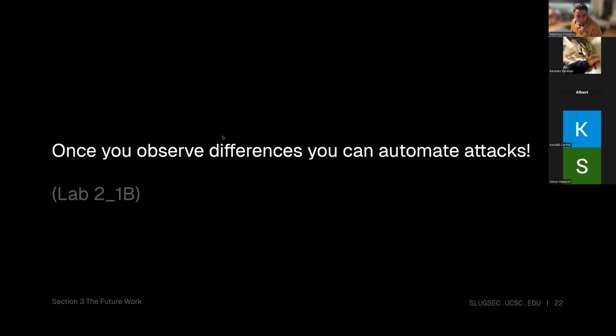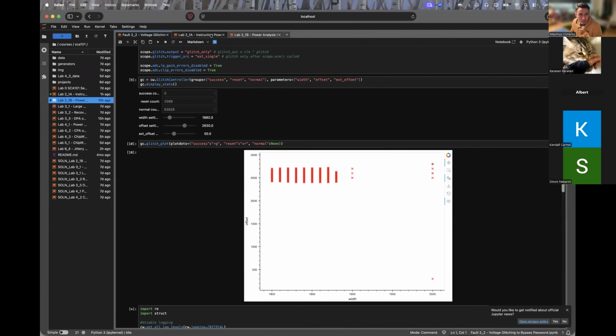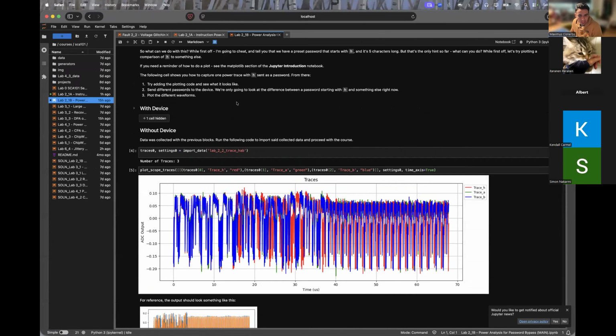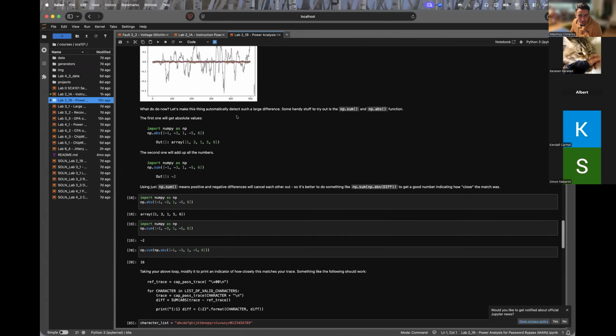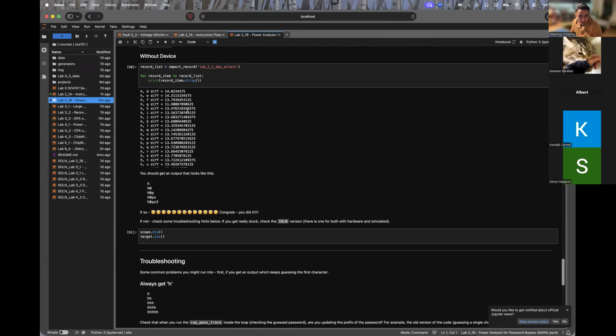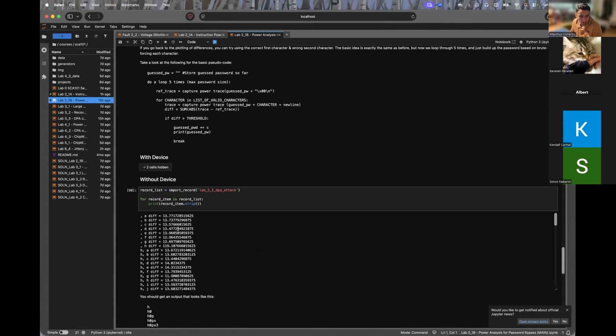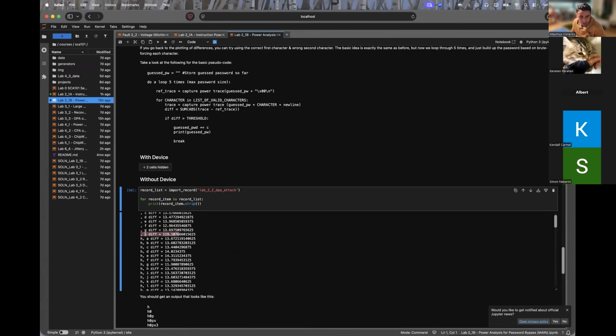Now, the beautiful thing about SPA is it's very simple. Once you have the understanding of what the traces are going to look like here, you can automate the attacks. As a result, you can have a Python script that iterates through each character, finds the one that's abnormally high, which we had said is H, stores that, and continues down the next series of characters to test.